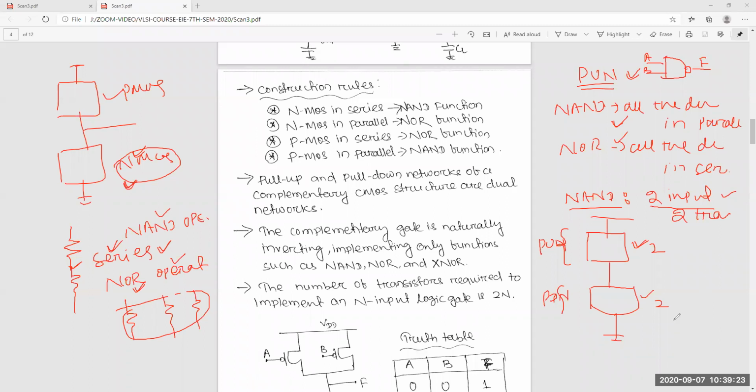So for a NAND gate, what will we do? First, two PMOSes in parallel for the PUN.